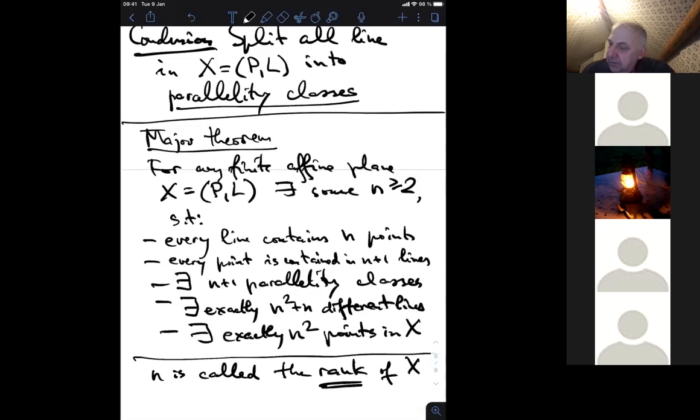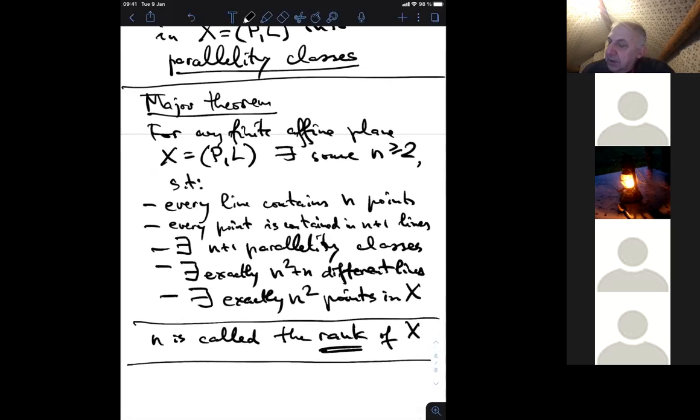And now, there are different finite planes with a given rank. You shouldn't think that for a given n there is a unique one. First of all, there are major open problems.